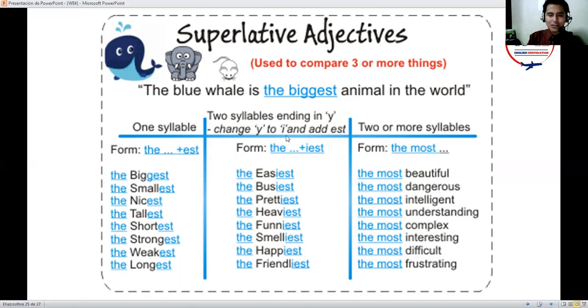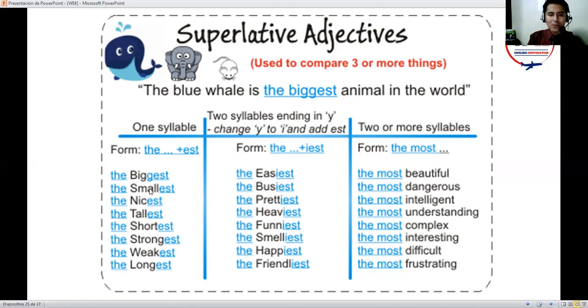Then in the second case, if it finishes in Y, we have to change the Y for an I and add est. And for two or more syllables, we have to use the most.